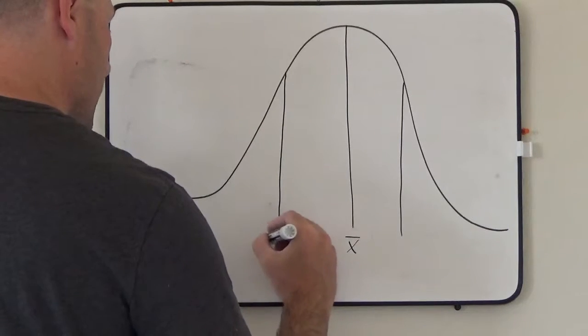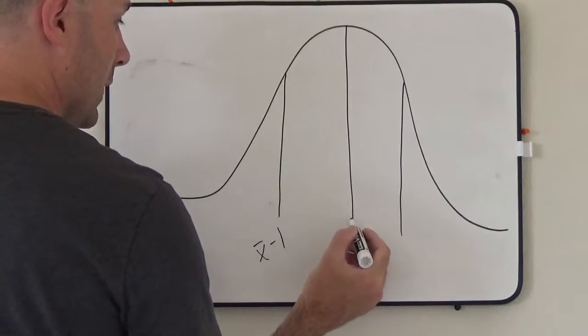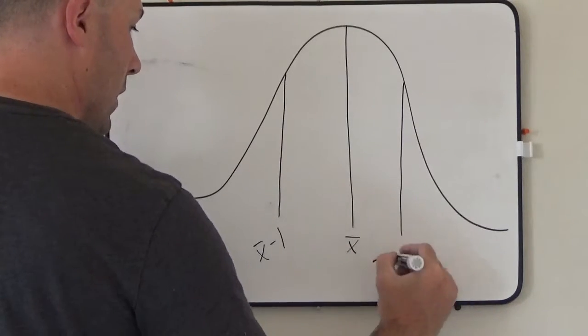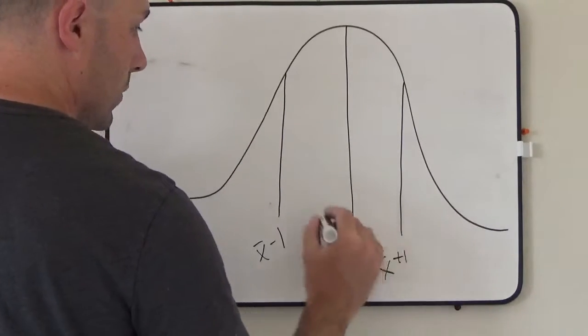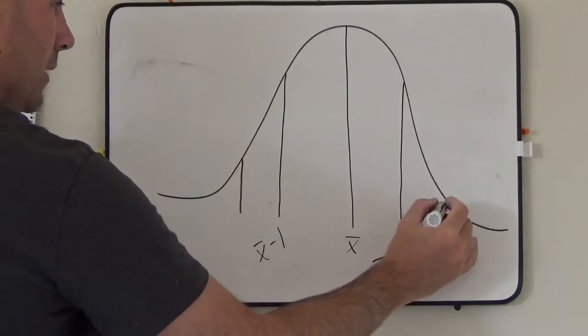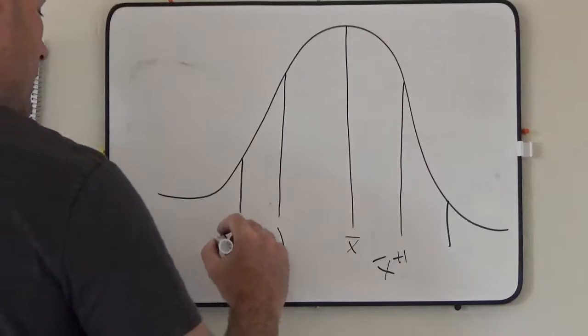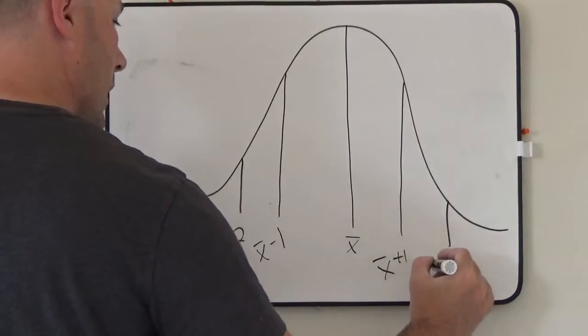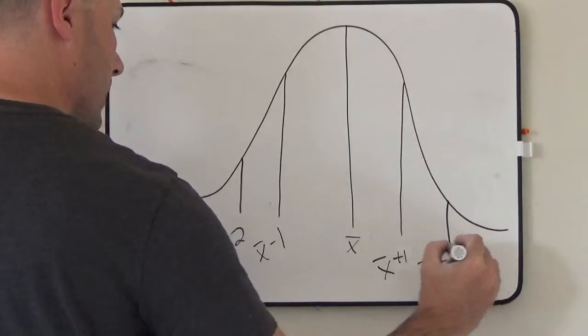This is x with a line over it minus 1 deviation. If this is the mean, this is minus 1. And this is x with a line over it plus 1, because it's 1 deviation more. There's another deviation right here. That deviation is the mean minus 2 and the mean plus 2.